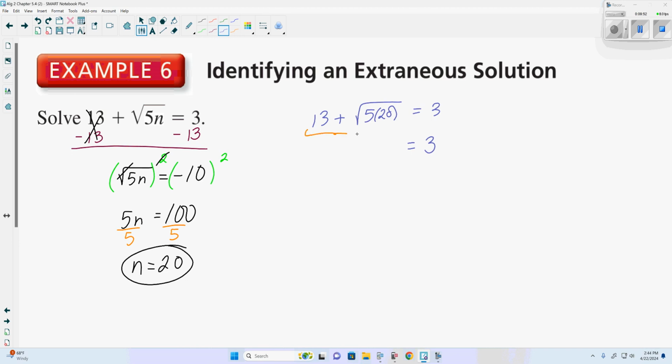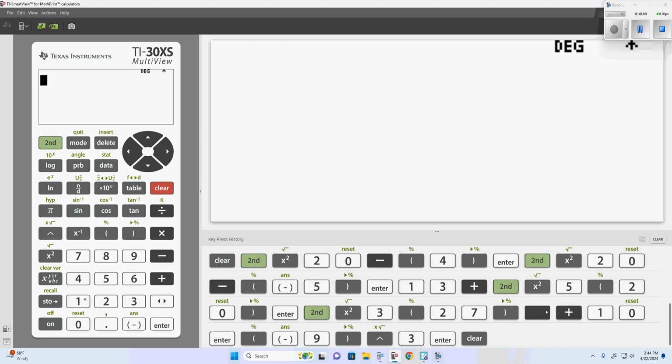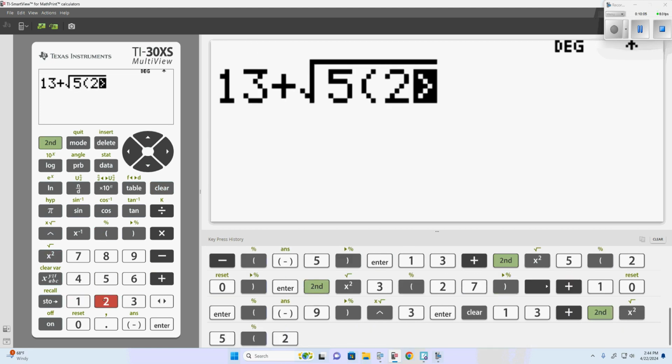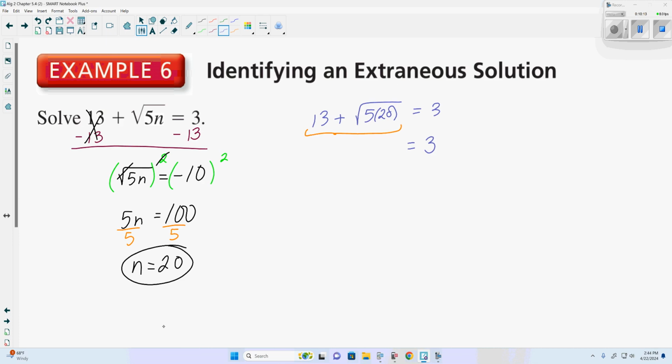Now the nice thing with this side here, 13 plus 5 times square root of 5 times 20, is I don't have to do this by hand. We could type the whole thing in and get 3, yes? We got 23. Well, is 23 equal to 3?